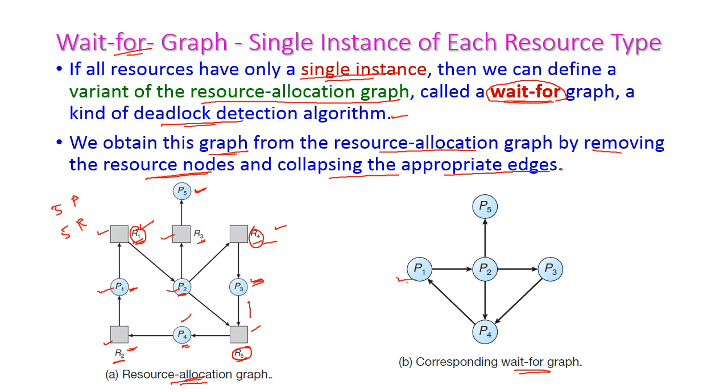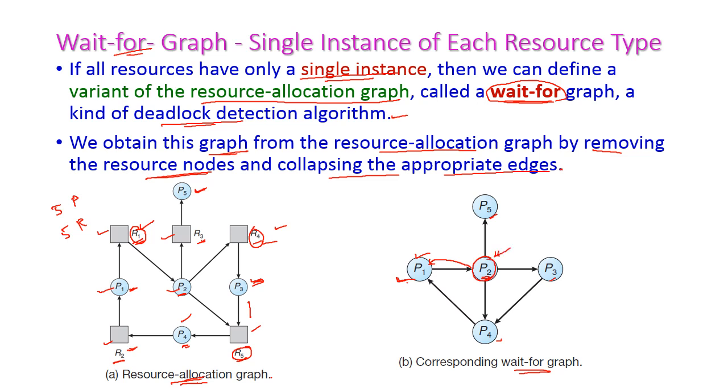Process 1, to complete its execution, has to wait for process 2 to complete its execution, and only then will the resource be given to process 1. Process 2 has to wait for the execution completion of P3, P4 as well as P5, and only then will P2 complete its execution.